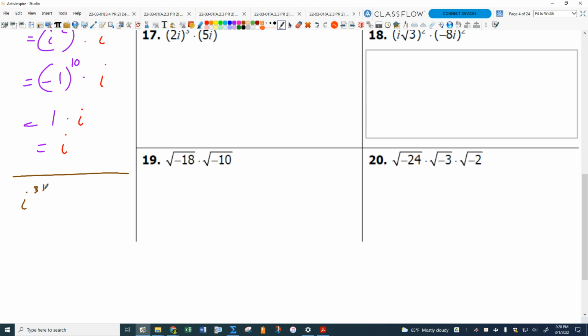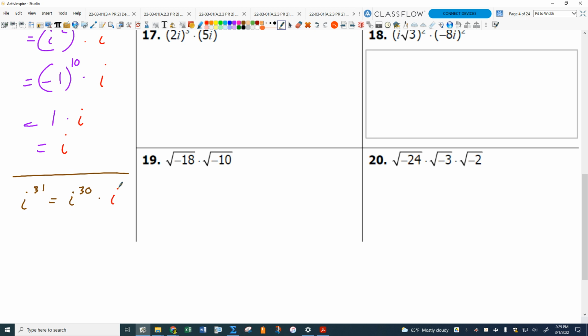Okay, but i is not equal to -1. i squared is, right? Okay, there you go. So first step is we're going to write this as i to the 30 times my oddball i, the leftover i.